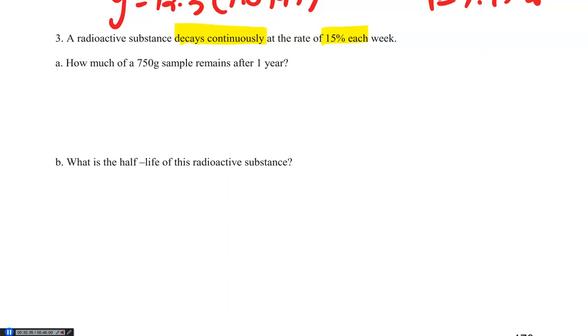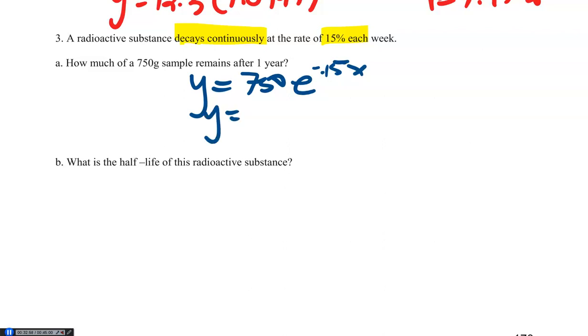So here we have y is equal to 750 e, since it's decay, so we're going to use negative 0.15x.